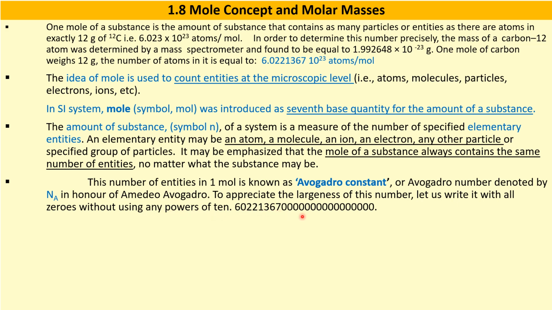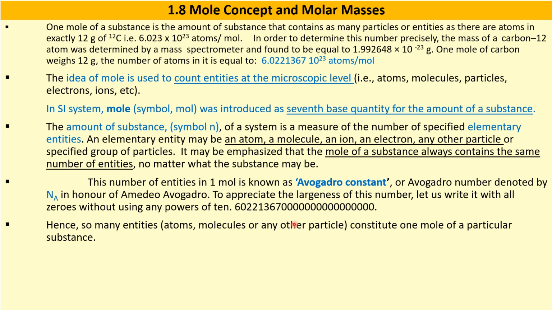This number is shown on the screen. Please count the number of zeros and write down the number. Hence, so many entities, that is so many atoms or molecules or any other particle, constitute 1 mole of a particular substance.